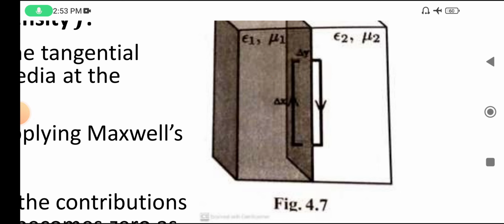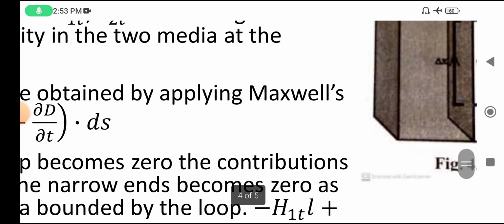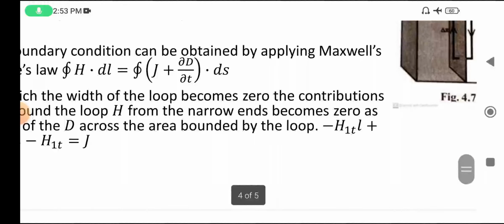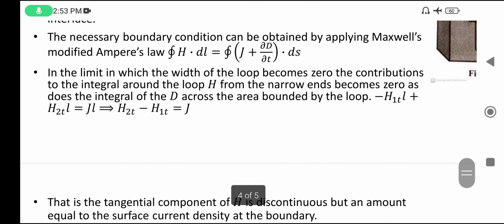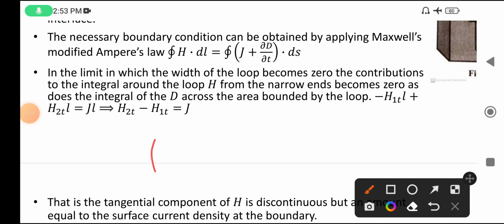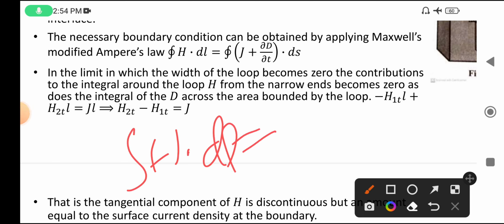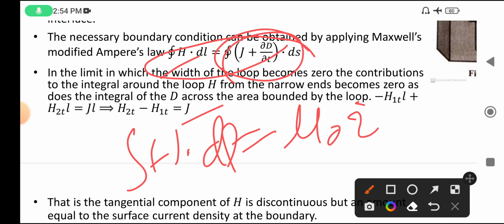Now come to the formula. Actually, the formula of Ampere's law is what? Integral H dot dl is equal to what? Mu naught into I is the actual formula. Sorry, when it is H, then you cannot get mu naught.